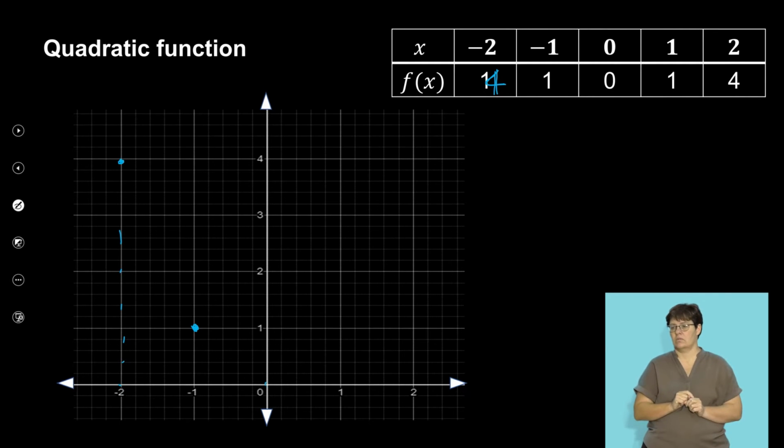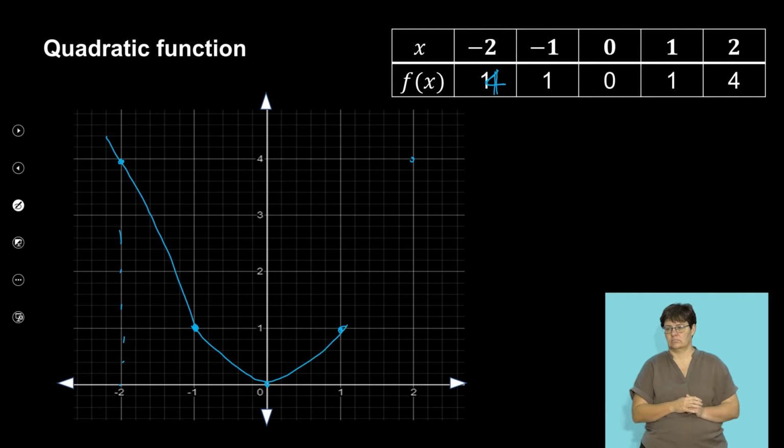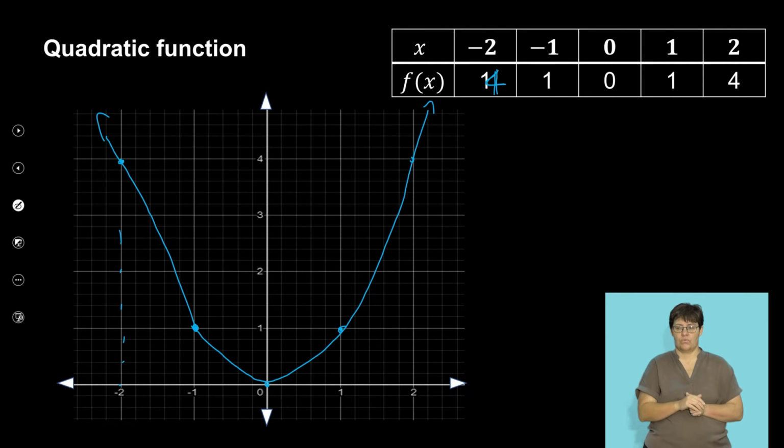0 with 0, 1 with a positive 1, 2 with a positive 4. And then you just join these points like this, and it will give you a curve like that, right? At the end, we normally indicate the end of the graph with an arrow to show that this is actually going to continue indefinitely.